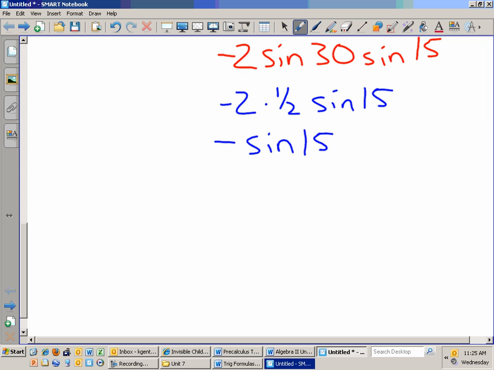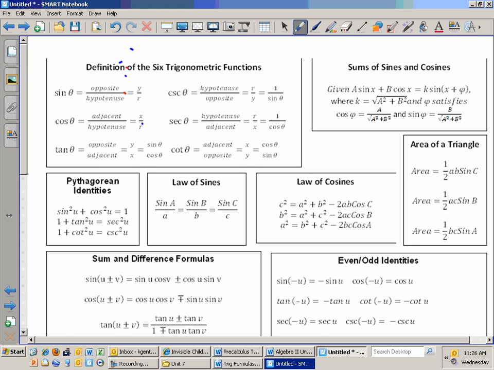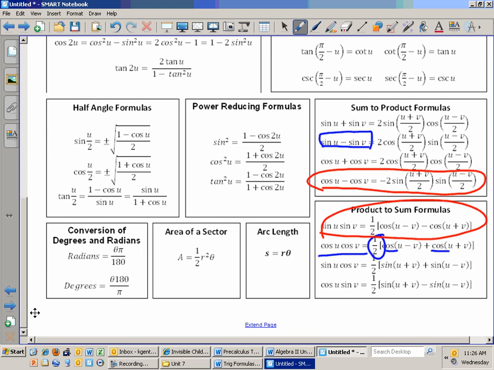And Sam says that we've done that before, haven't we? We've done 15 before, haven't we? We could write that as a half angle formula, negative sine of 30 over 2. Do you remember that formula on your sheet? Well, that's how we would do it.